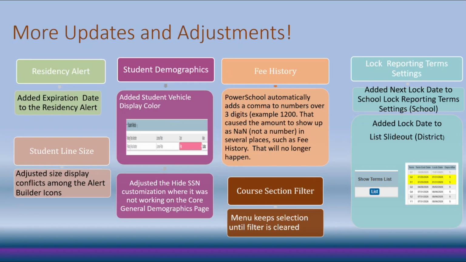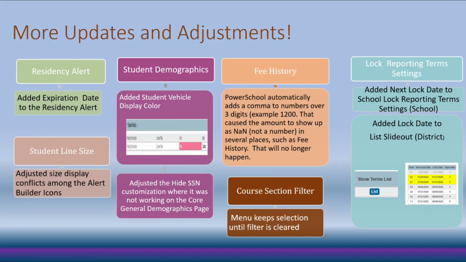Lock reporting term settings. So at the school level, when you go to lock reporting terms, it will now show you what the date is, what the lock date will be. If you're at the district, which is this bottom screenshot, there's a list button beside the school.